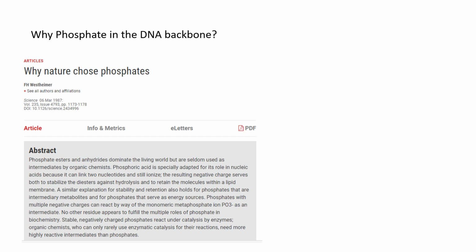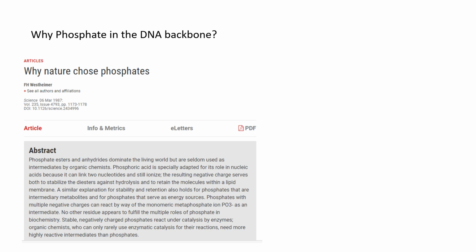He was talking about all of organic chemistry, including, of course, ATP, the main energy molecule, but he devoted a section in this paper to phosphate in the DNA backbone. And you have here the abstract of the paper.